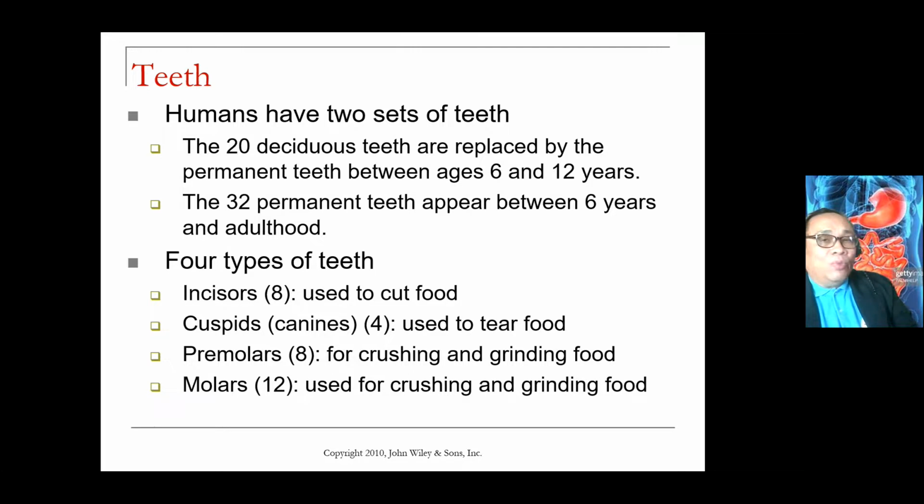The remaining 12 are actually non-succedaneous. Ibig sabihin, they appeared later because they did not succeed any of the 20 temporary teeth or deciduous teeth. And with regards to the classification of the teeth, as I described earlier, we have the incisors, the cuspids, the premolars, and the molars.